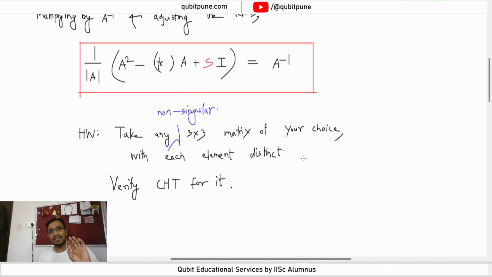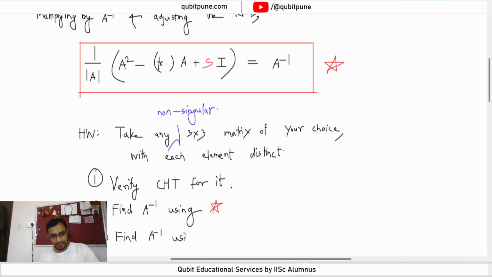See, it's not that this theorem works only for non-singular matrices. No, it works for any square matrix. Verify the Cayley-Hamilton theorem for it first. Number 2, find A inverse using star. Step 3, find A inverse using the adjoint method.